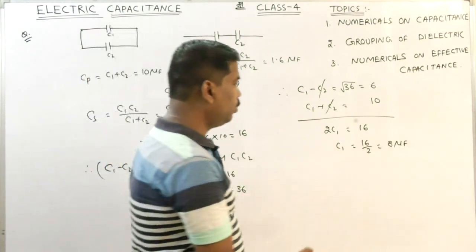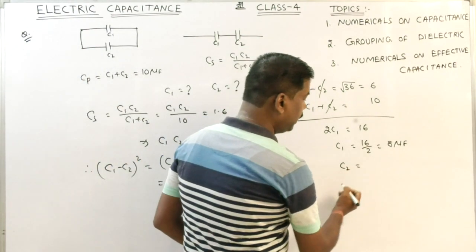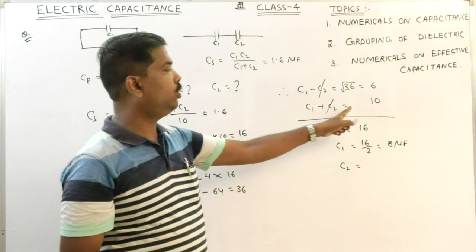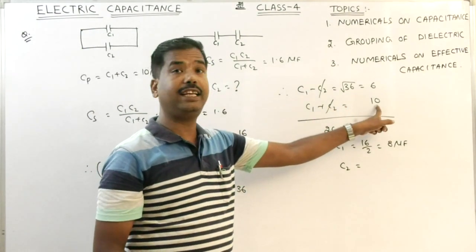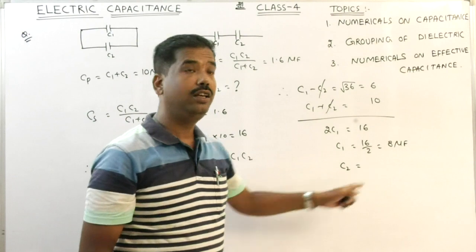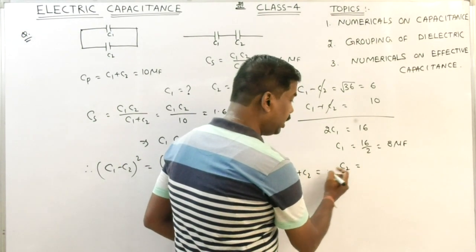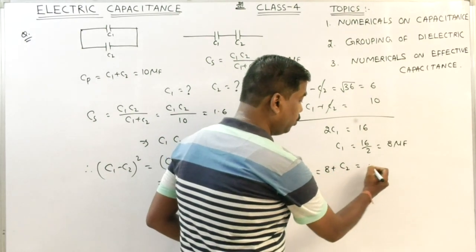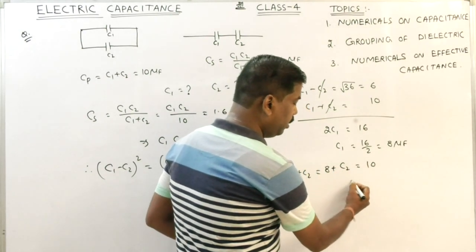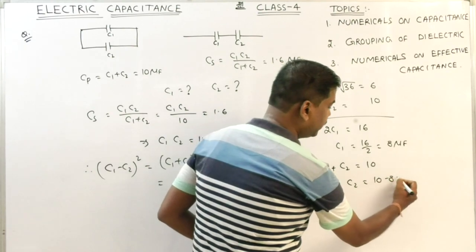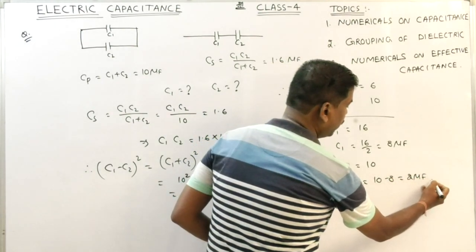Clear? Now, when these capacitors are connected in parallel, C1 plus C2 is 10, but we know that C1 is 8. Therefore, 8 plus C2 is equal to 10. So C2 is equal to 10 minus 8, which is 2 microfarad.